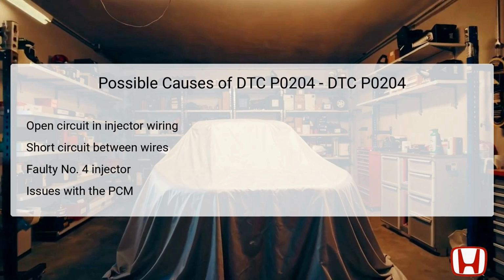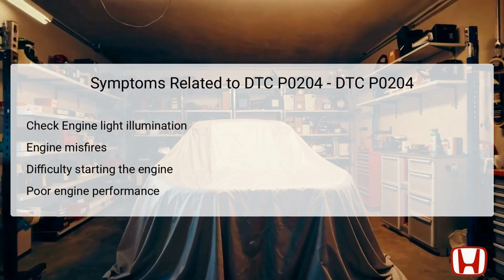Additionally, a defective number 4 injector may fail to operate correctly despite receiving power. Lastly, issues with the powertrain control module itself, such as internal failures or poor connections, can also present the symptoms related to this code.